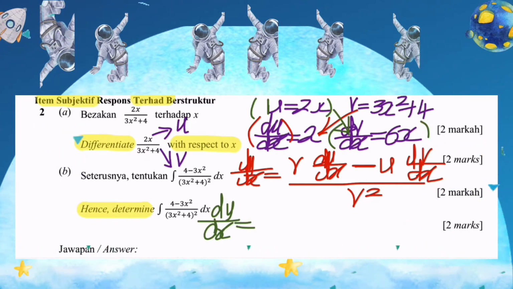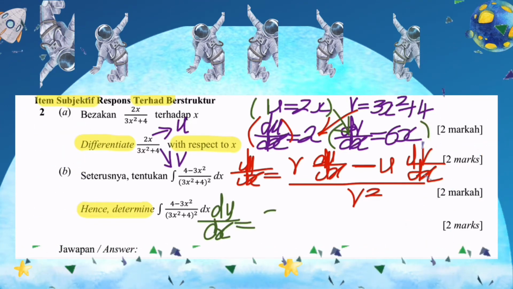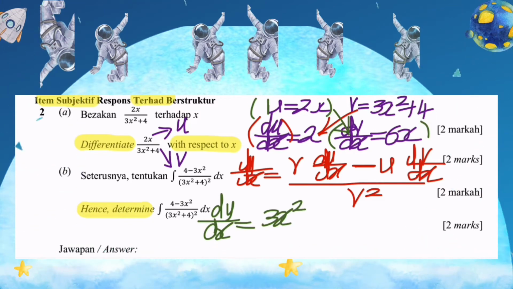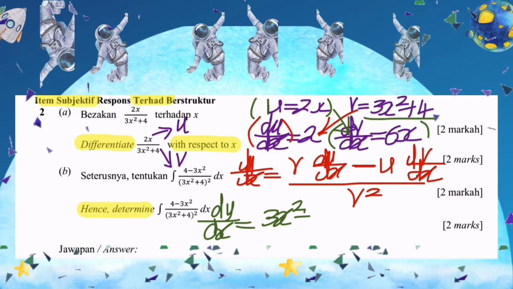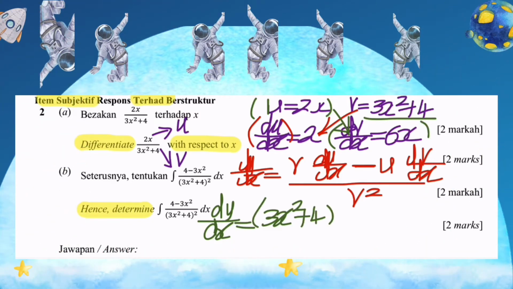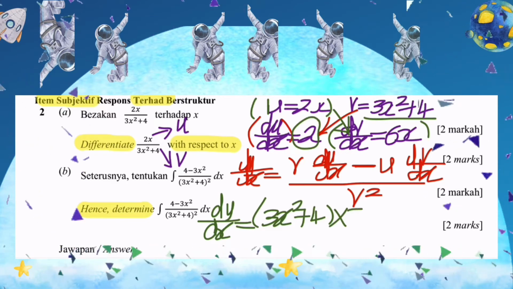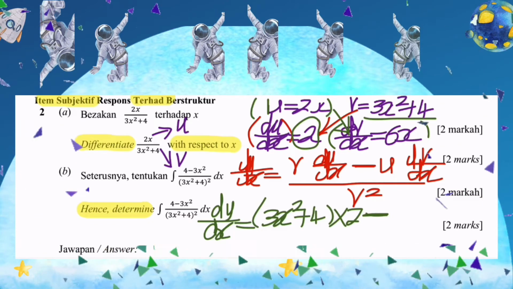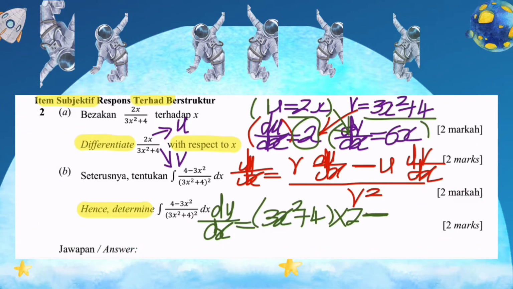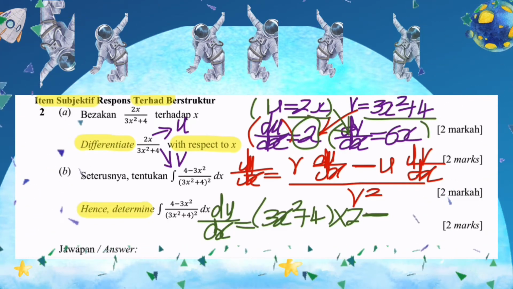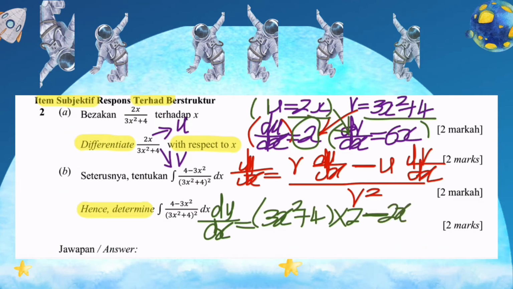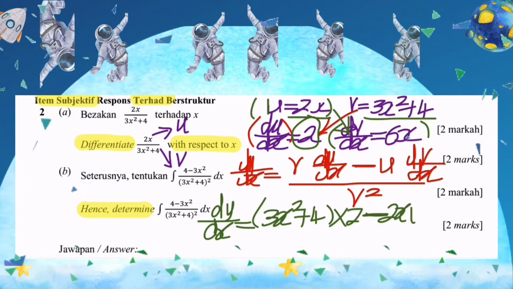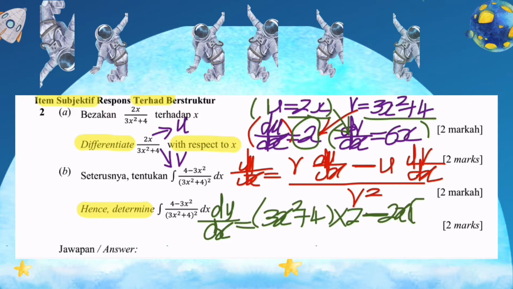dy dx equal to the v, which is 3x squared plus 4, and we multiply with the 2, right? And minus 2x times with the 6x. U is 2x and dv dx is 6x.